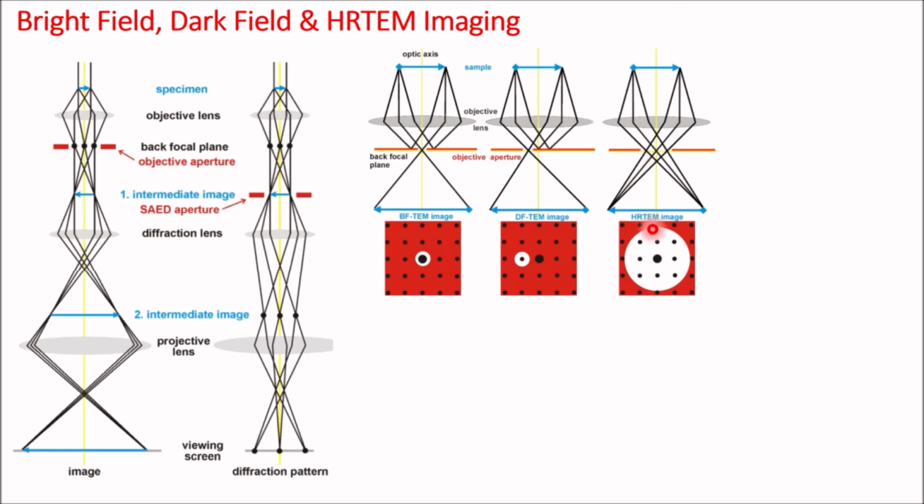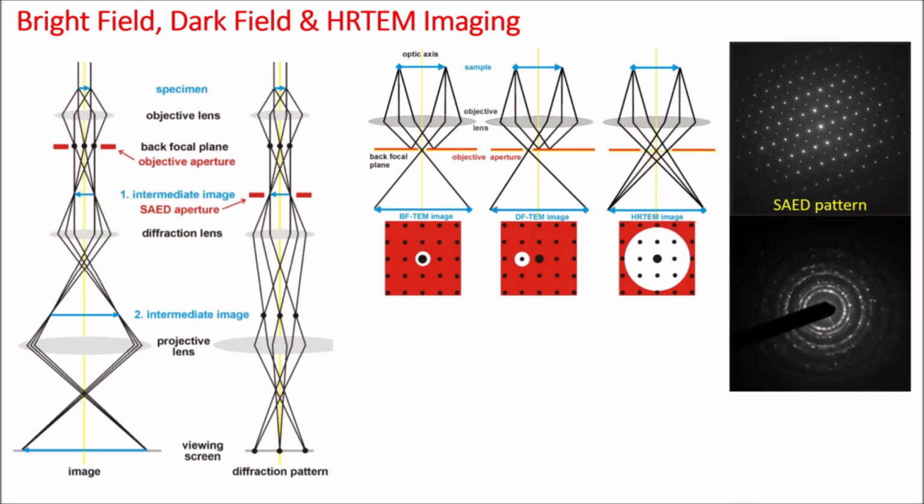popularly called HR-TEM. Another aperture, the selected area aperture, placed in the plane of the first intermediate image, enables one to choose the specimen region of which a selected area electron diffraction pattern is obtained.